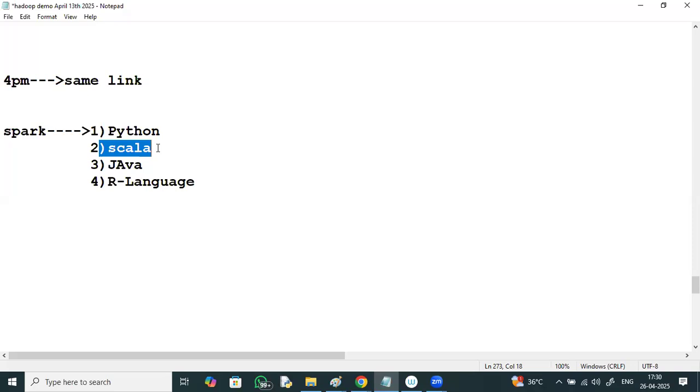Whatever the Spark-related functionalities, everything will be the same. Only the programming language is going to differ in Python, Scala, and Java: how you define a variable, how you define functions, that is going to differ, right? So here you are going to get the knowledge on Python Core and Advanced.